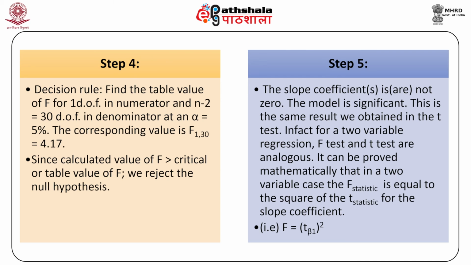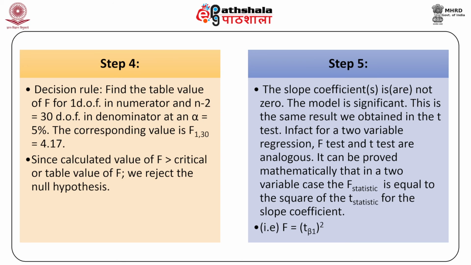Step 4, decision rule. Find the table value of F for 1 degree of freedom in numerator and n minus 2, which is equal to 30, degrees of freedom in denominator at an alpha equal to 5%. The corresponding value of F(1, 30) is equal to 4.17.